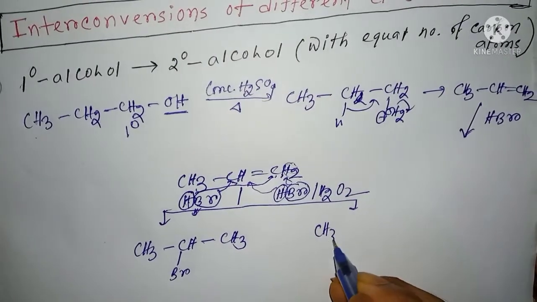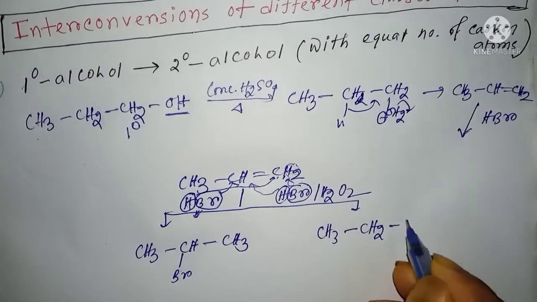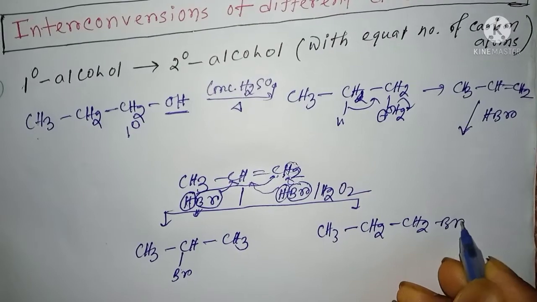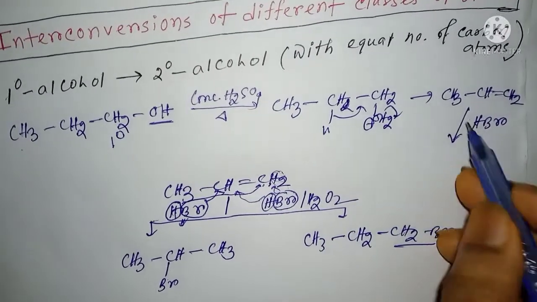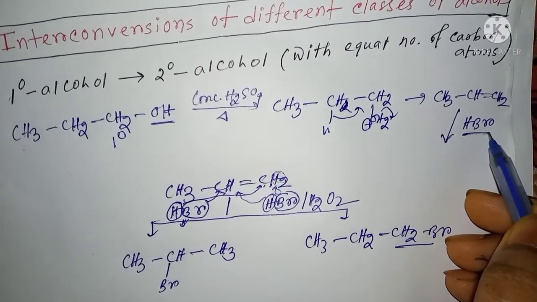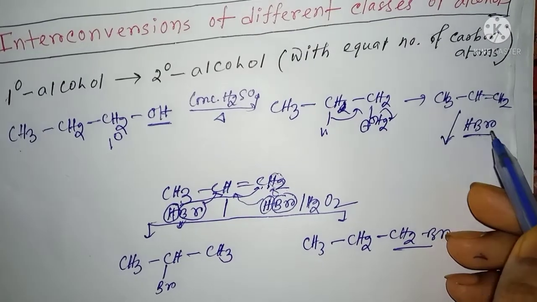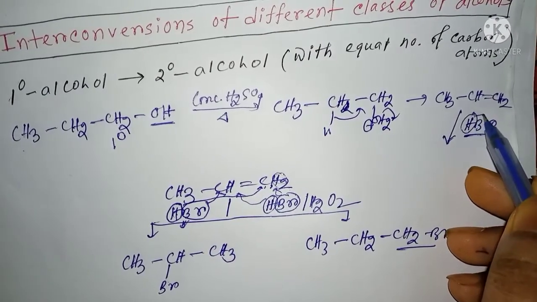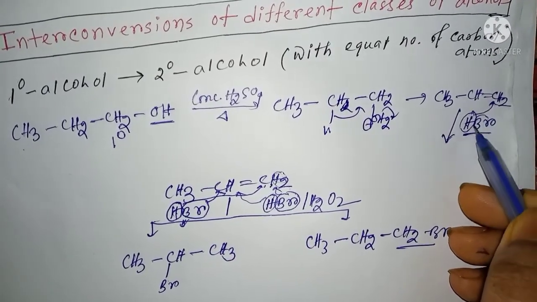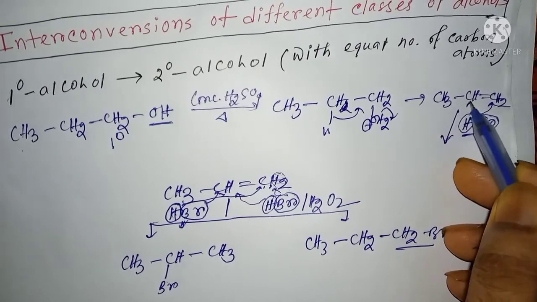So this would be CH3CH2CH2Br. Now this is HBr with no peroxide, so it follows the Markovnikov rule: hydrogen attached to the more hydrogenated carbon and Br attached to the less hydrogenated carbon.